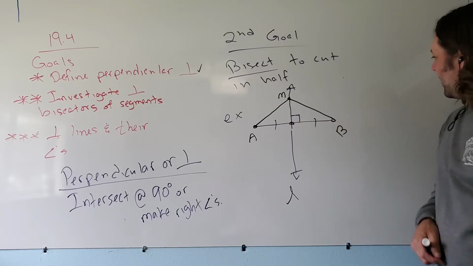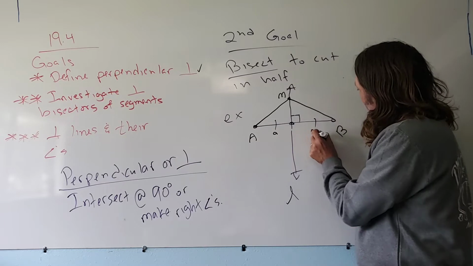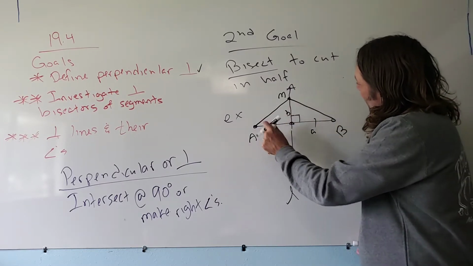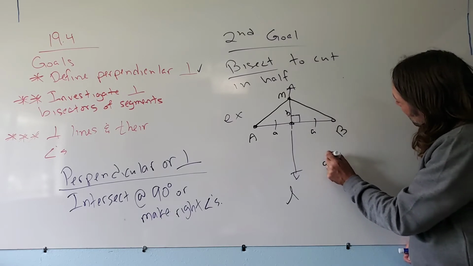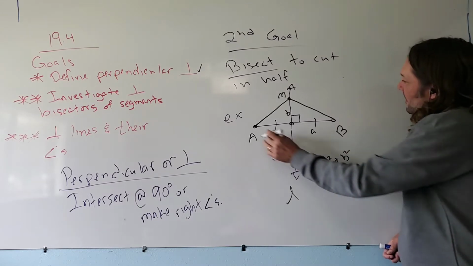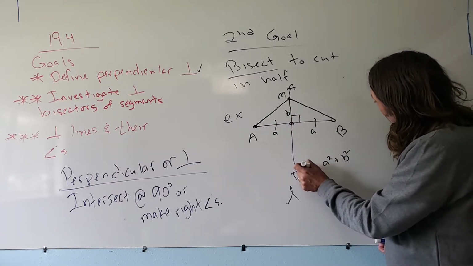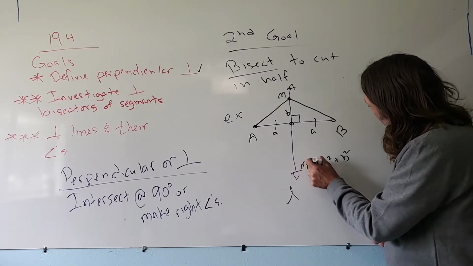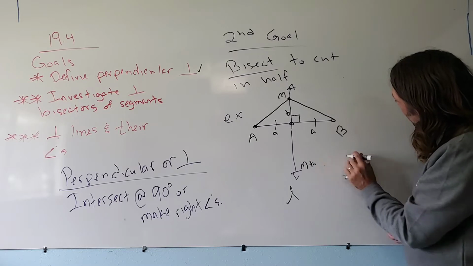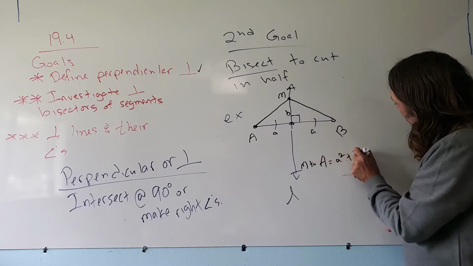So, if we use the letters that we use for the Pythagorean theorem, this length right here would be a squared plus b squared. That's going to be the length from M to A. Let me write this a little bit better. It's going to be a squared plus b squared.